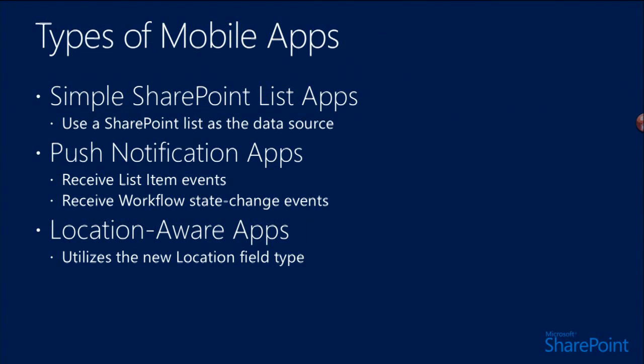From a perspective of mobile apps, as well as that List app, some of the things I'm going to show you today is this concept of a push notification and a location aspect. So in SharePoint 2013, we introduced this concept of geolocation, where when I add a document to a document library, I can actually add the geolocation address, longitude and latitude of that document into my list.